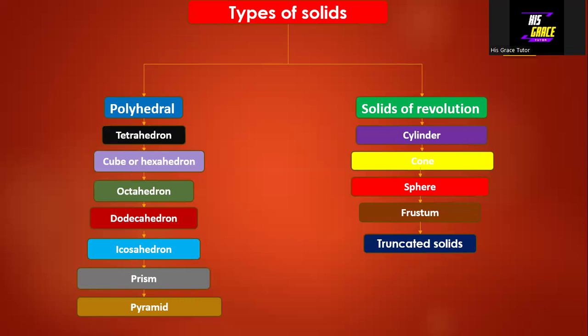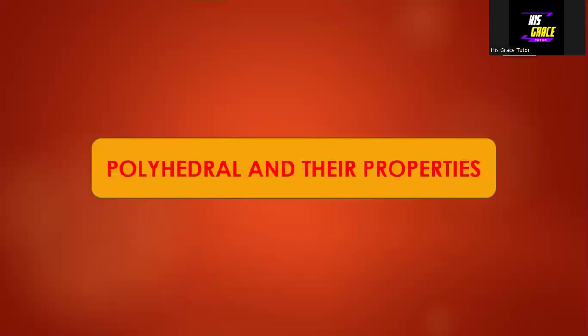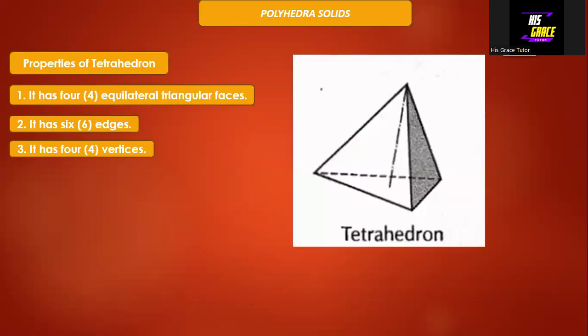So please go along with me and pay attention to what I want to discuss with you on this particular topic in technical drawing. Now let's look at the properties of polyhedra. We are starting with the properties of tetrahedron.